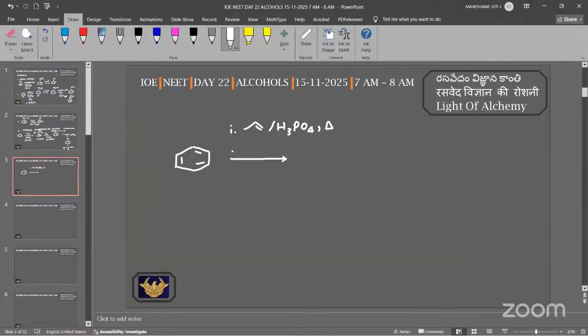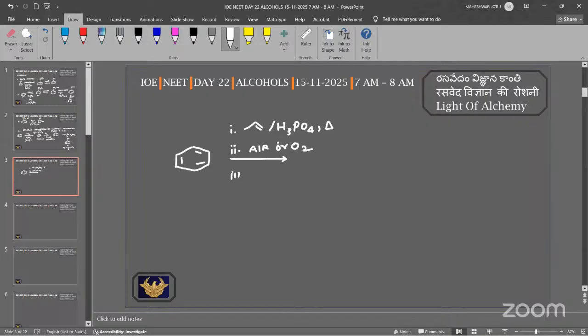And the second reagent is aerial oxygen, so it may be represented as air or O2, aerial oxidation.